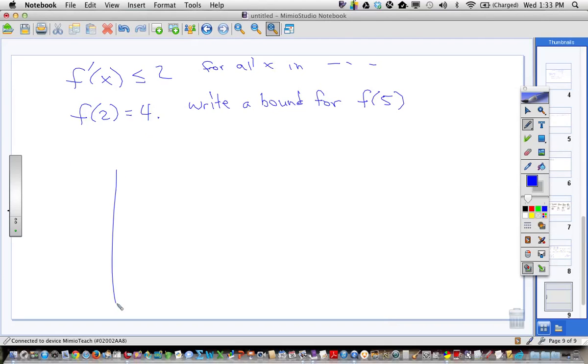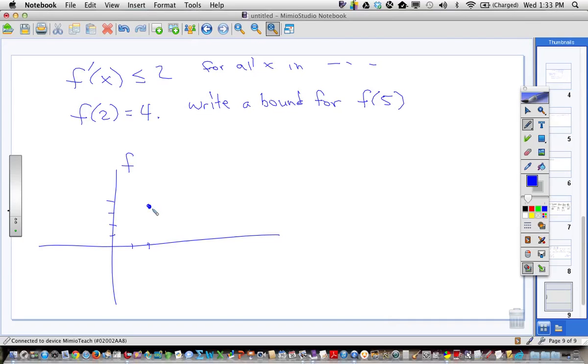So what I would do if I was doing this problem is draw a graph of f. Let's label it here so we understand what we're doing. What information was I given that I can put on this graph? The point (2, 4), right? So that's like a starting point.